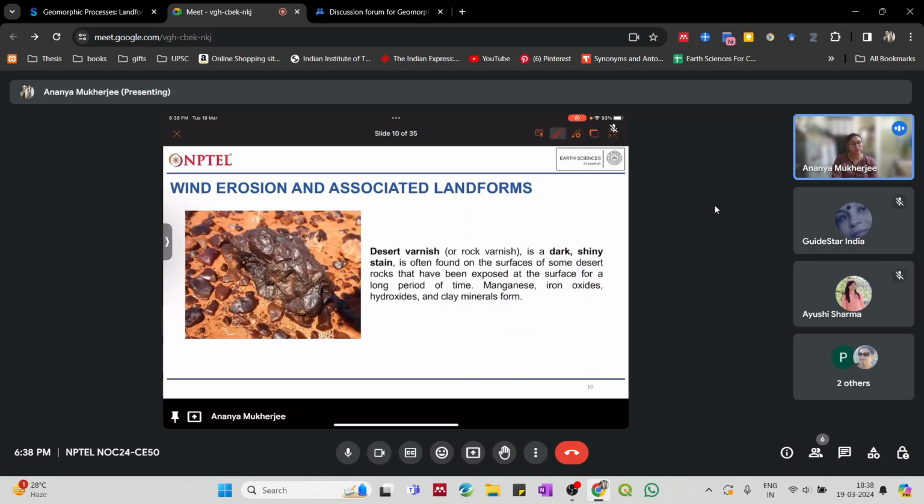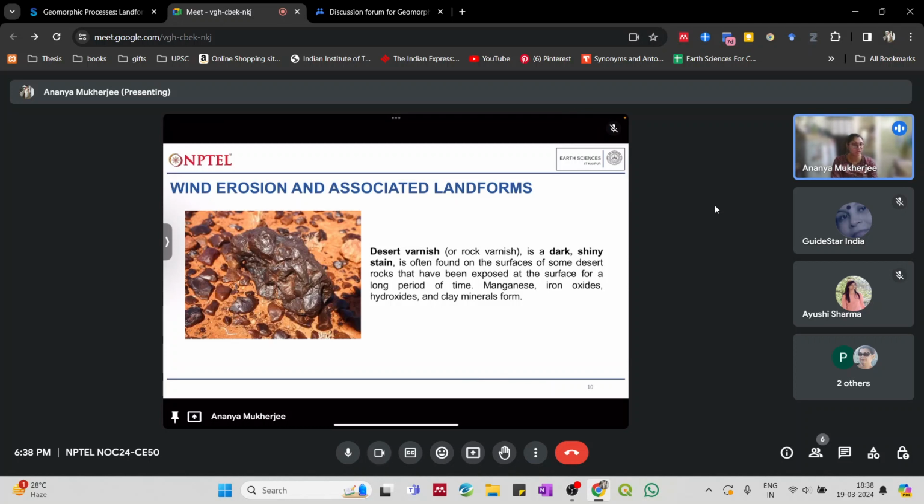Now, another aspect, which has a little bit of a chemical erosional process also involved, is the development of desert varnish. What happens is that the rock surface gets a dark shiny stain, which is mostly made up of manganese, iron oxides, hydroxides and clay minerals.